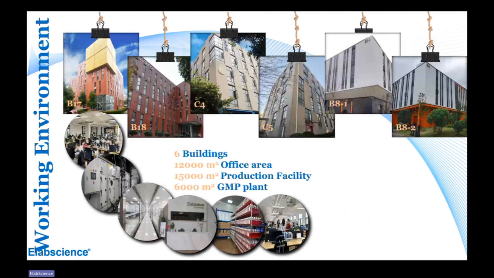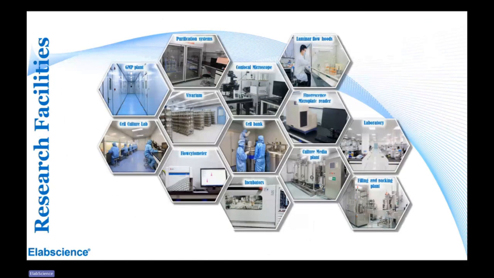Okay, here is just our working environment. Currently, we own about 6 different buildings covering an office area of 12,000 meters square, 15,000 meters square of production facility, and 6,000 meters square of GMP plant. Here comes some of our research facilities.